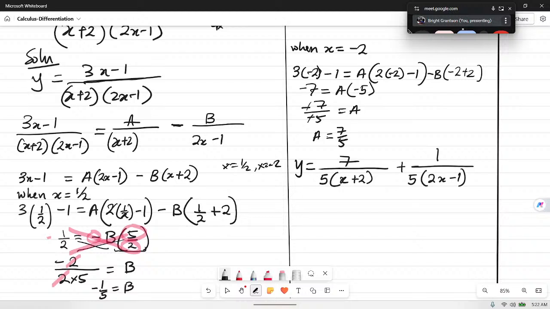So now you are going to do the dy/dx. But rearrange the y in terms of indices.